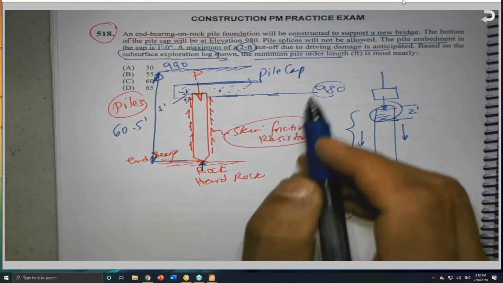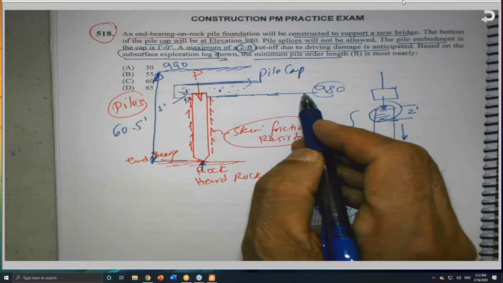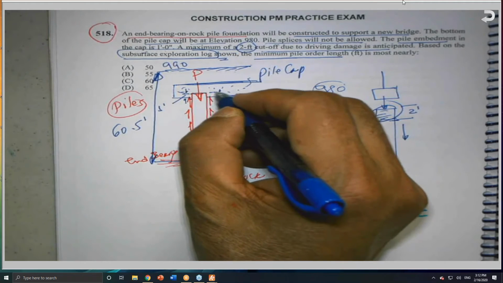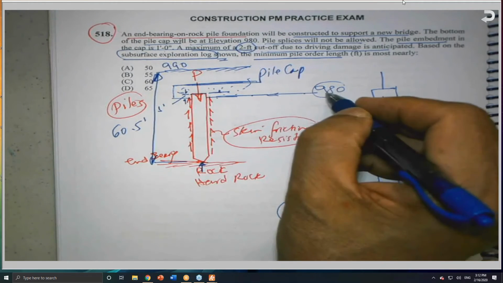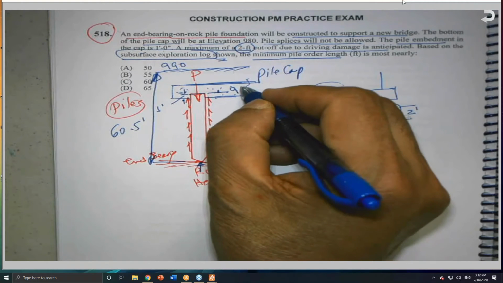And the bottom of the pile cap is 980. That means that from here to here, the top of the pile in the pile cap, is 981. Is this correct?